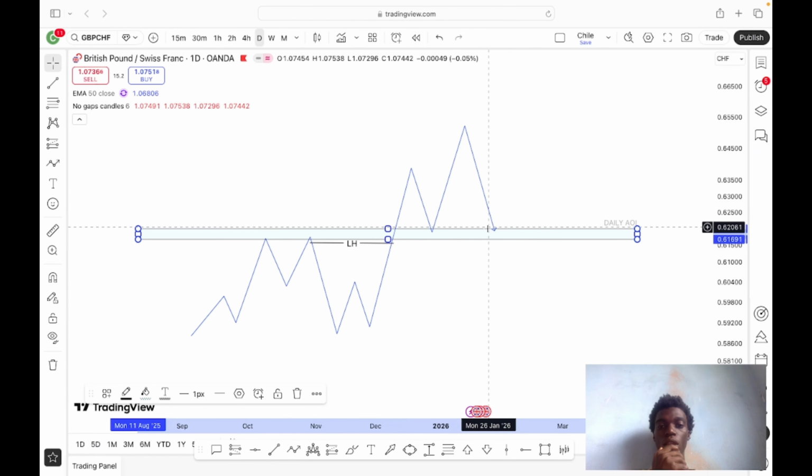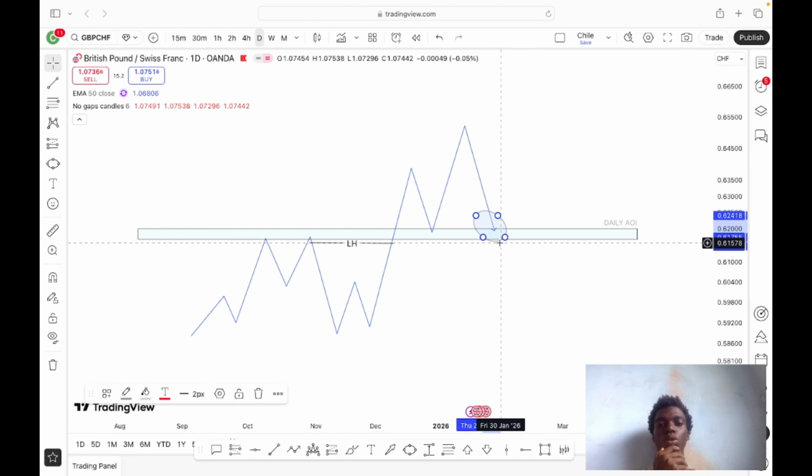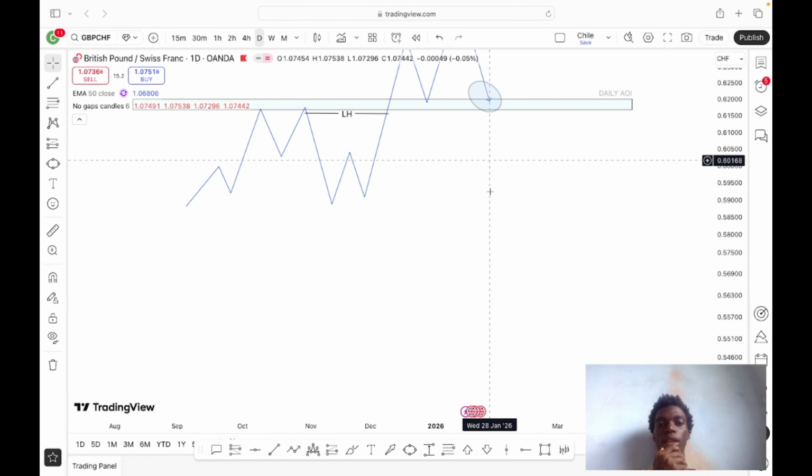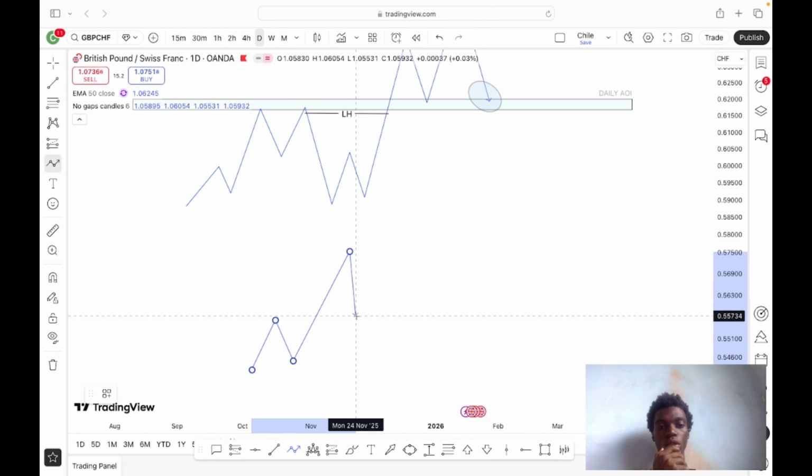So this is a daily area of interest. I'm going to zoom in right here. I'm going to drop to a lower time frame, which is the 4 hour.